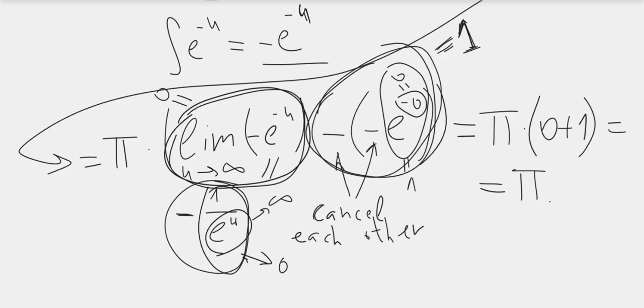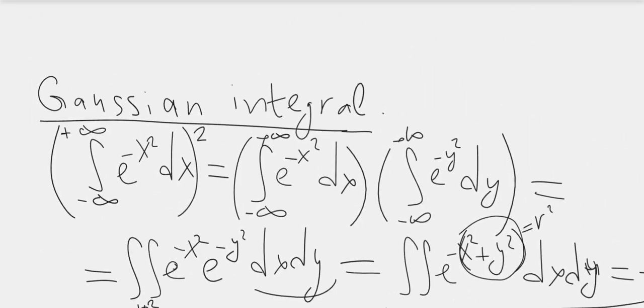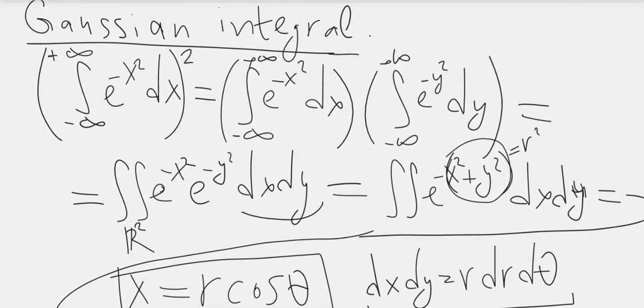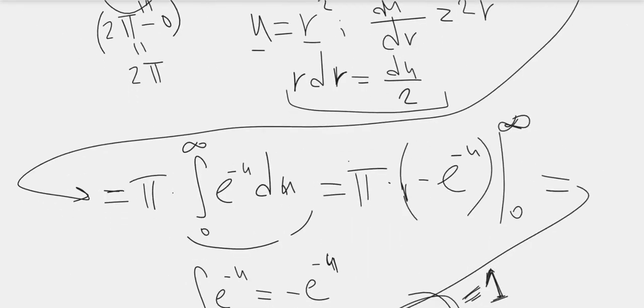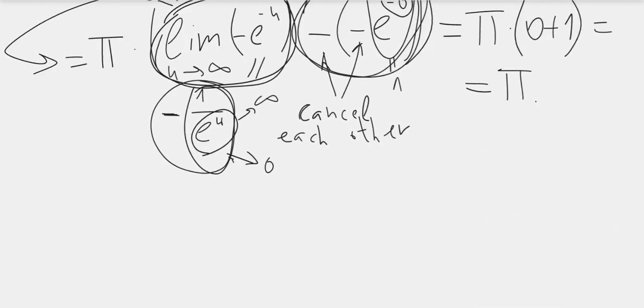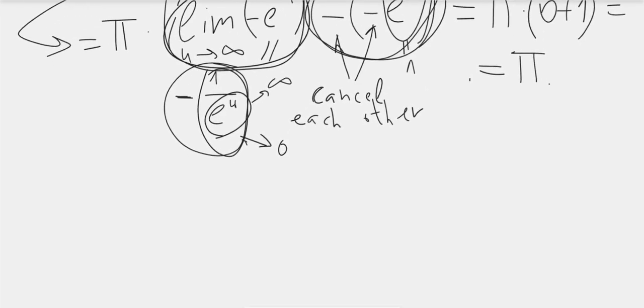Okay, and now we recall what we were calculating. This chain of equalities was for the integral which is the square of the integral that we need to find. So the Gaussian integral should be the square root of what we found.